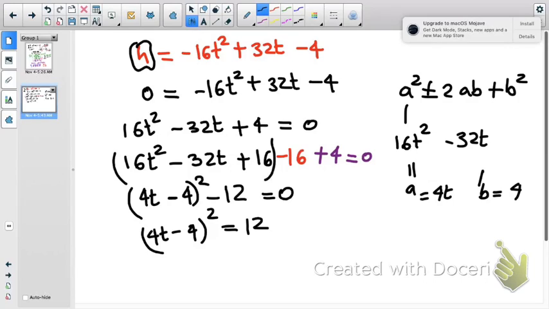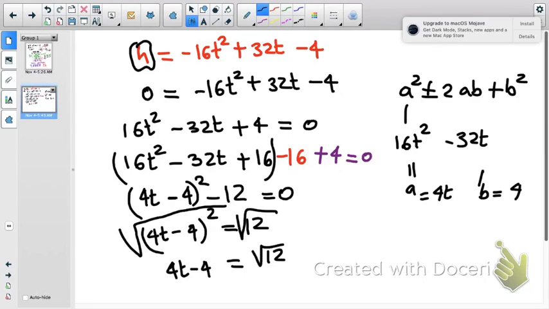So if we square root this and square root that, this is what we get.